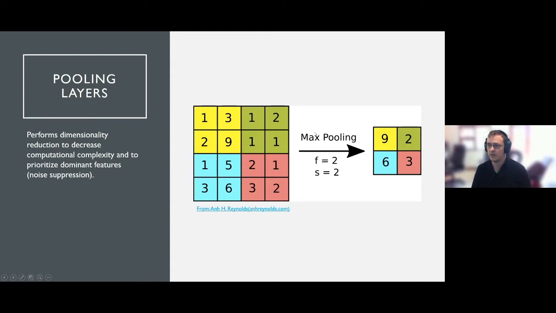And the useful thing with these as well is that they don't have any trainable parameters, so it's a simple operation that can be used to just perform noise suppression and then reduce computational complexity over time. There's also another pooling technique called average pooling, where you take the average of these values rather than taking the maximum, but max pooling tends to work better.